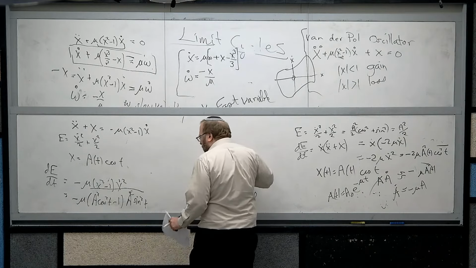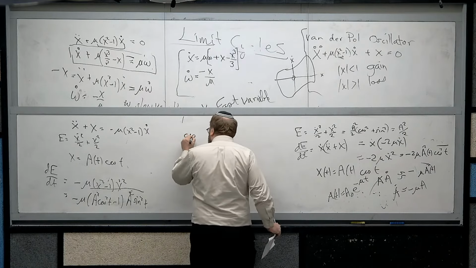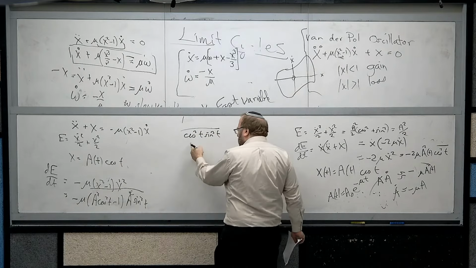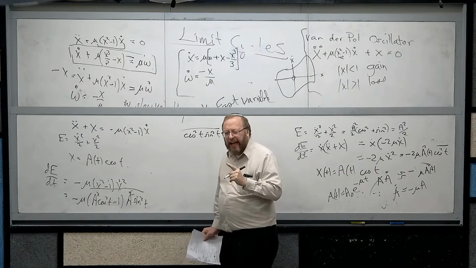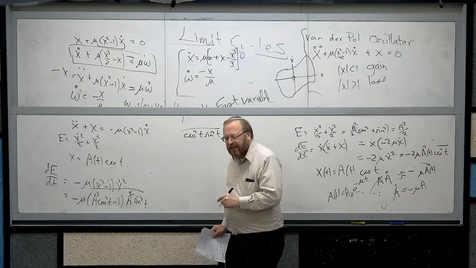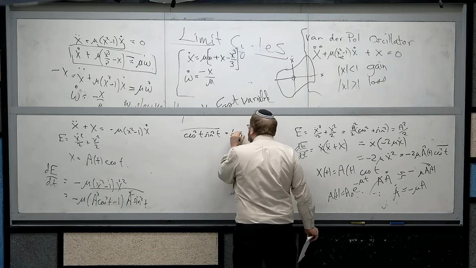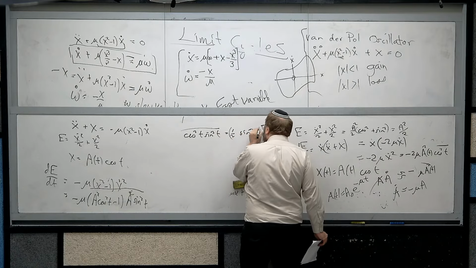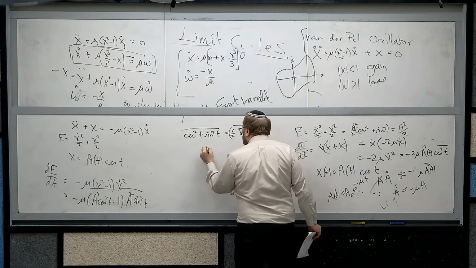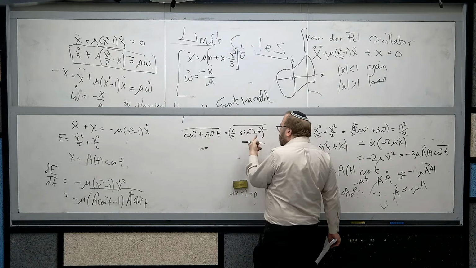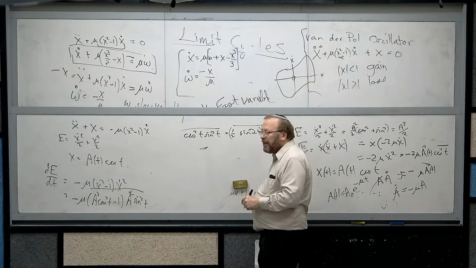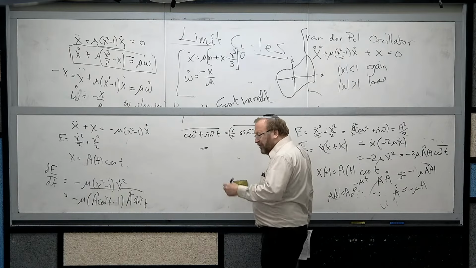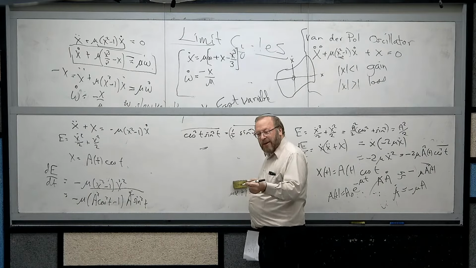We have to know what the average of cosine squared sine squared is. Well, cosine t sine t is 1/2 sine 2t. So this is (1/2 sine 2t) squared, averaged. And sine squared 2t average is like sine squared t average, which is 1/2, just because it does twice as much of the same thing.